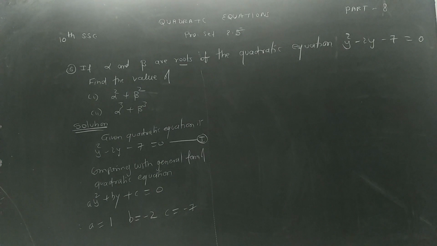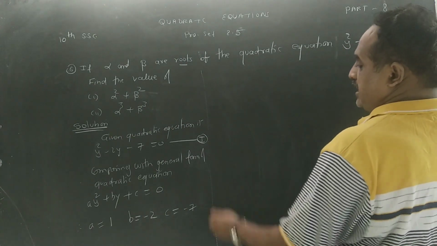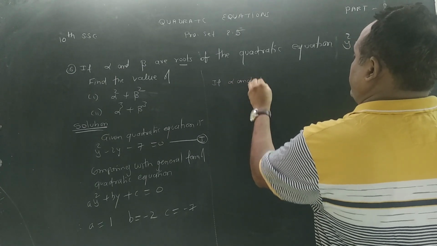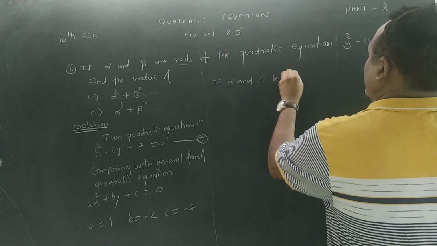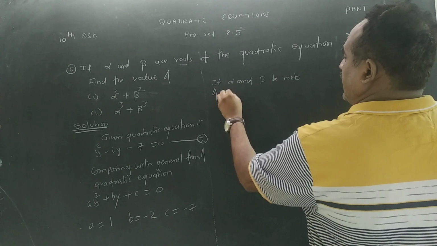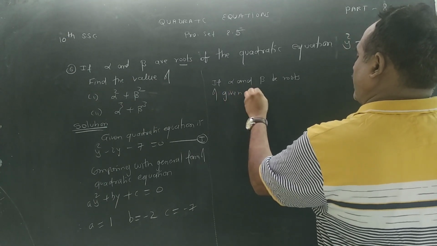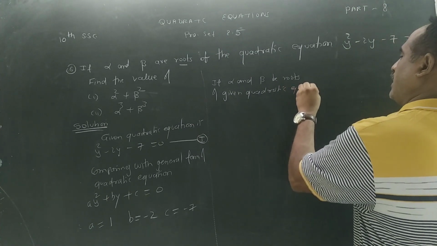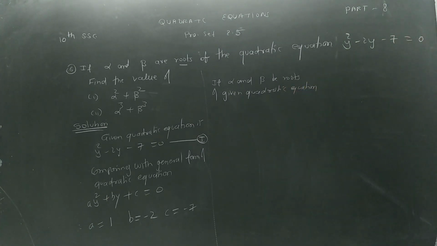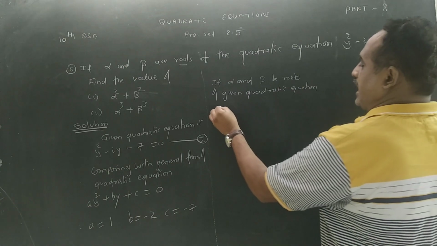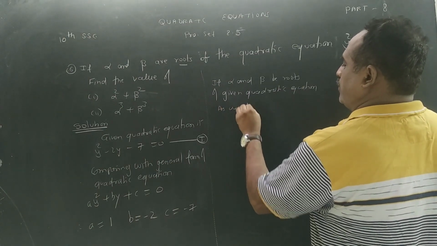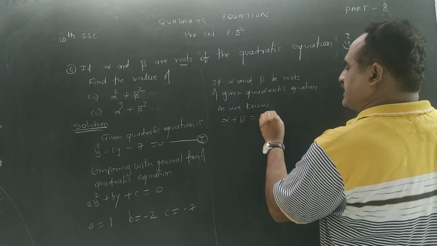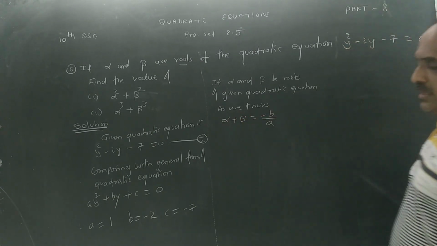Got it? Now, once we got that, if alpha and beta be roots of given quadratic equation, and as we know, alpha plus beta is nothing but minus b upon a.